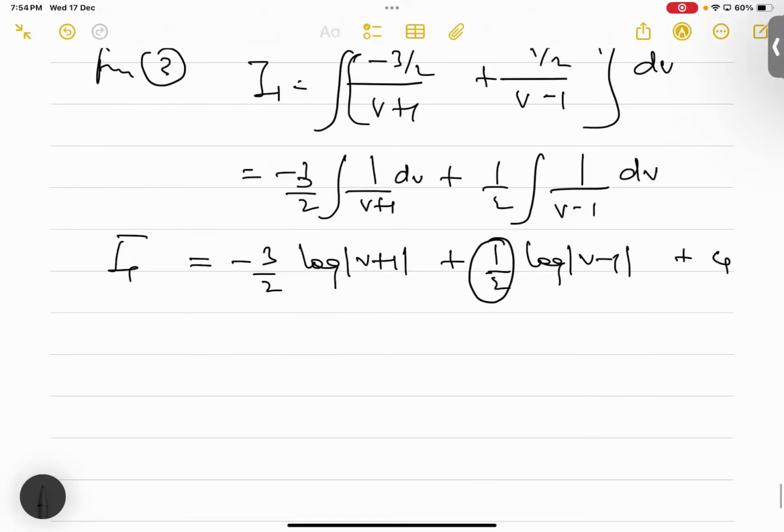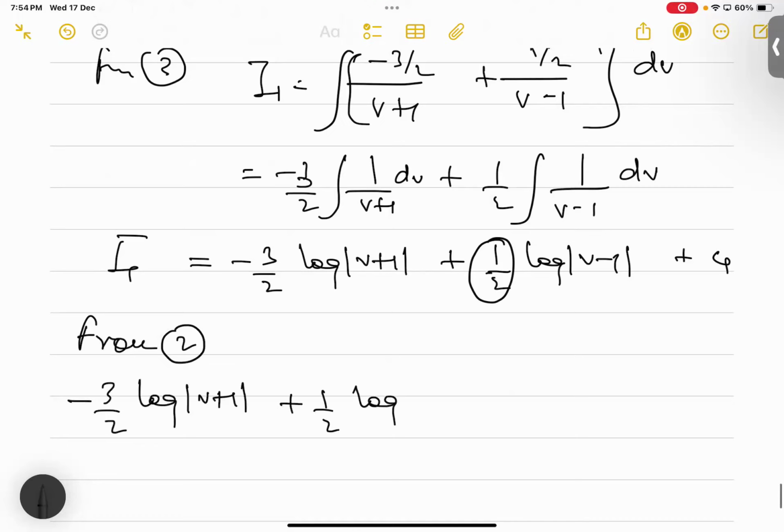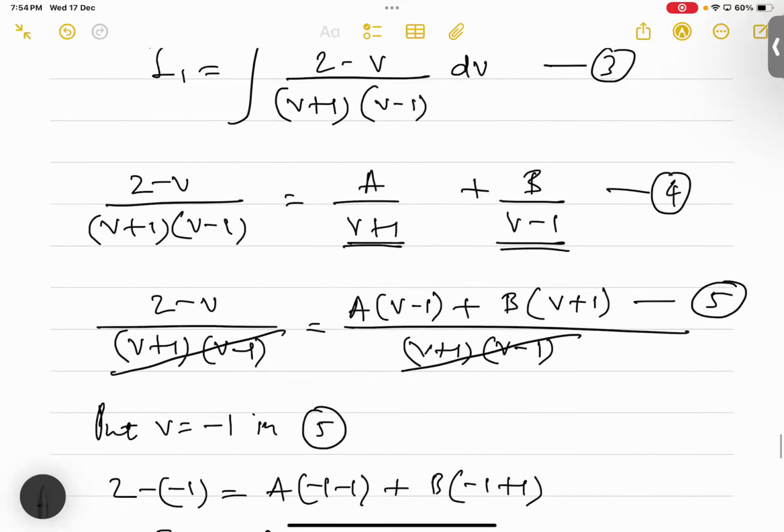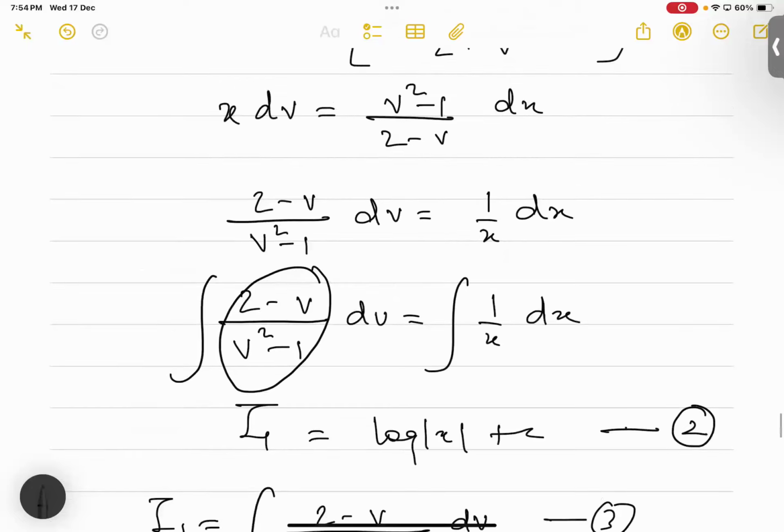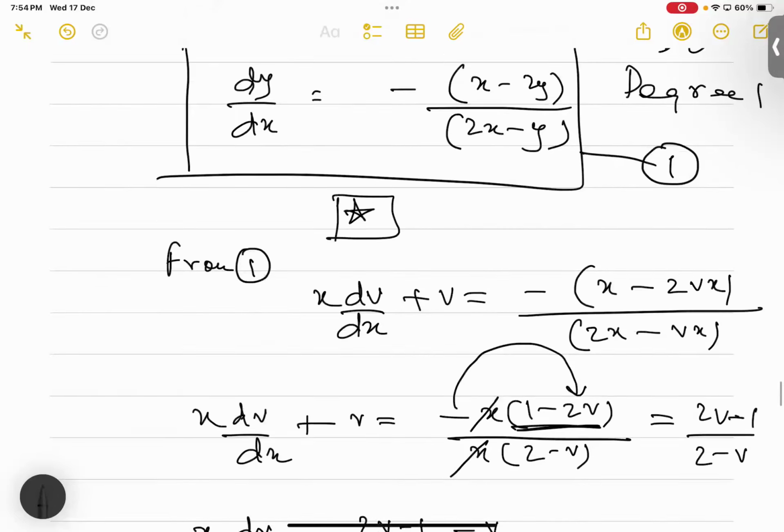Okay. Now from 2, minus 3 by 2 log V plus 1 plus half log V minus 1 is equal to minus log x or log x. Just check. So log x plus.